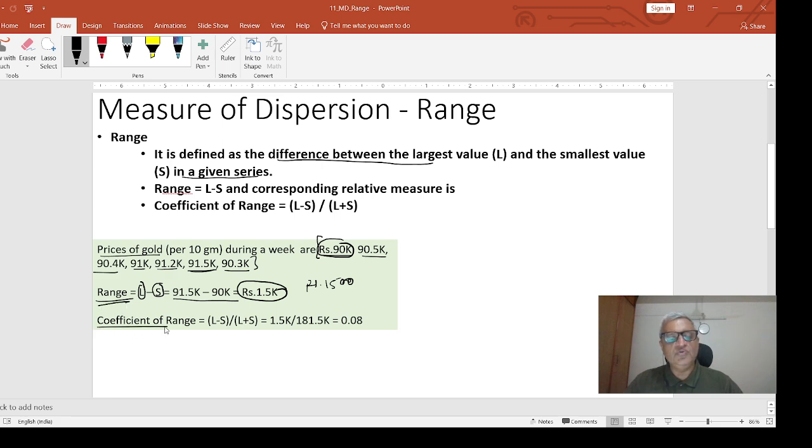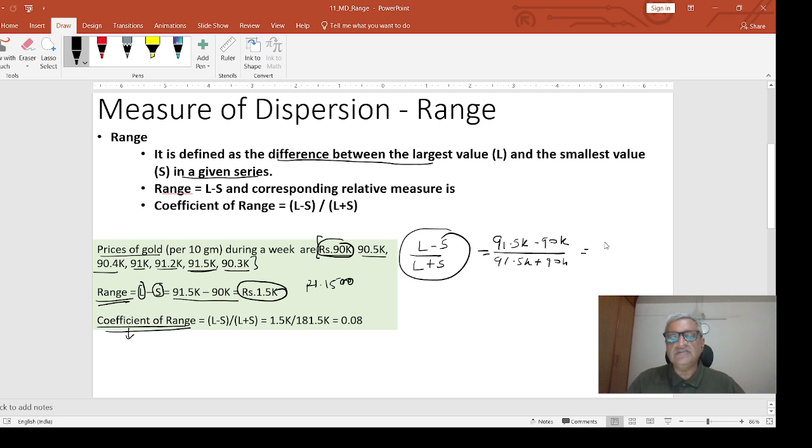Very simple. And how do I calculate the coefficient of range? I have (L minus S) divided by (L plus S). So this is my coefficient of range. Coefficient of range is the relative measure of dispersion. So L minus S is nothing but 91.5k minus 90k, divided by 91.5k plus 90k.